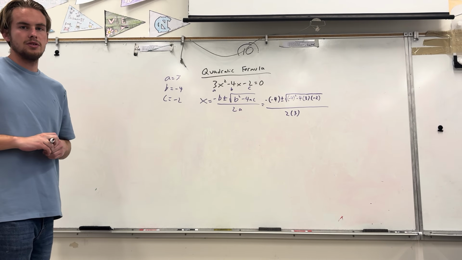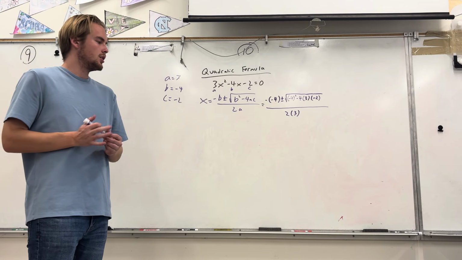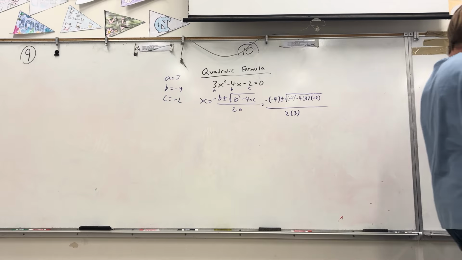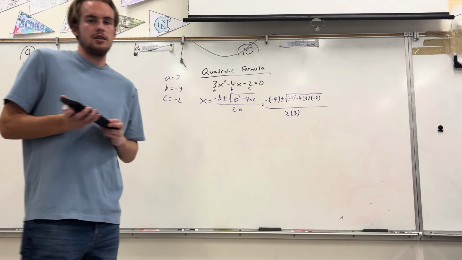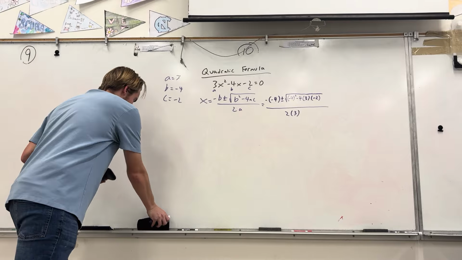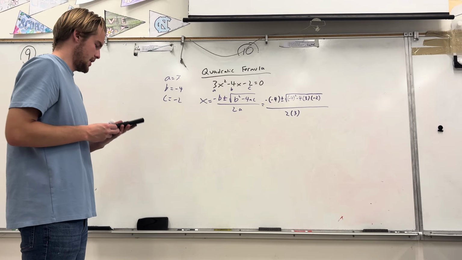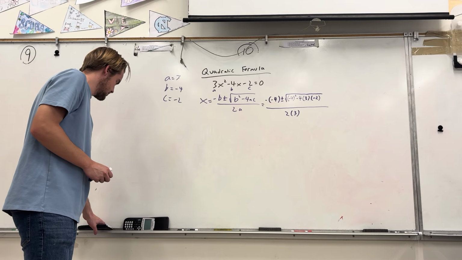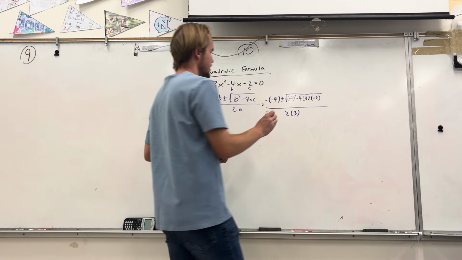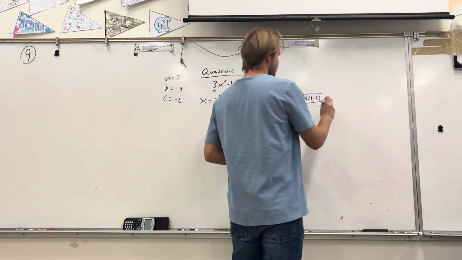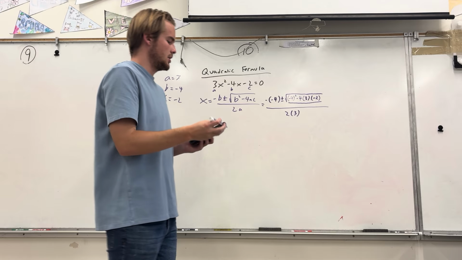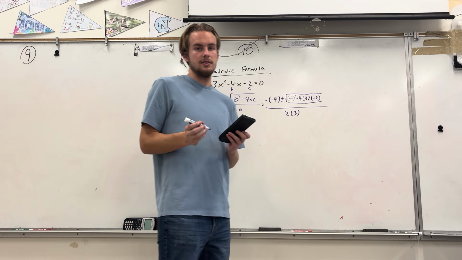Okay, so now we just rely on our calculator. You can do this in whatever way you want. The way I like to do it is I take whatever is inside the square root, I don't include the square root, and I put that into my calculator.